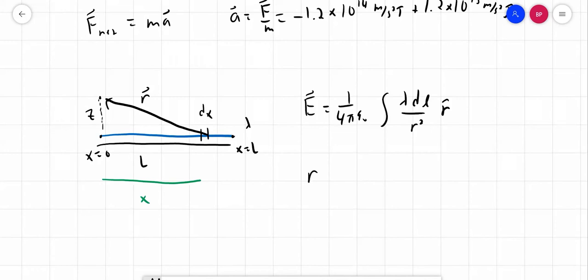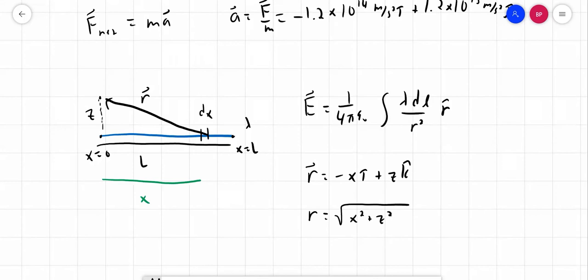So our full vector r is negative x in the x direction plus z in the z direction. Okay, well, I can also find the distance by taking the square root of the sum of the squares. So in this case, this is going to be x squared plus z squared.